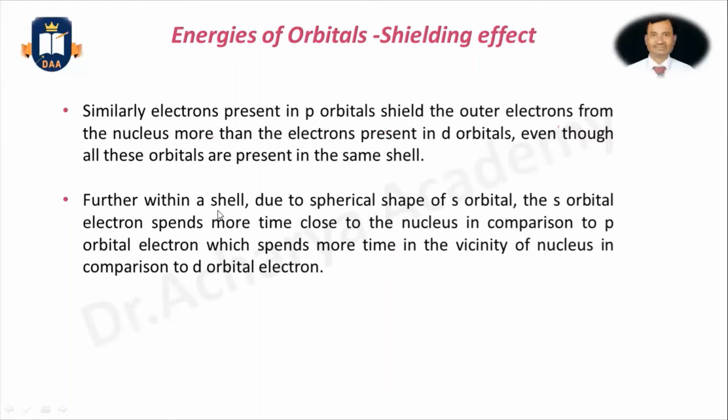So within a shell, due to the spherical shape of s orbitals, the s orbital electrons spend more time close to the nucleus in comparison to the p orbital electrons, and p electrons spend more time in the vicinity of the nucleus in comparison to the d electrons. In s orbitals, in a particular shell, the electron is very close to the nucleus in comparison to the p orbitals.